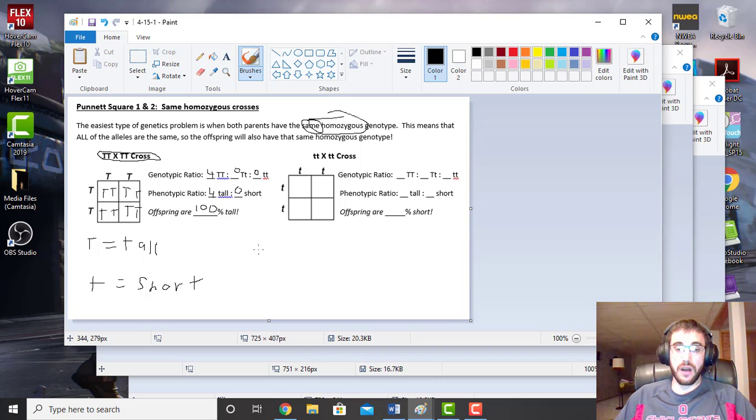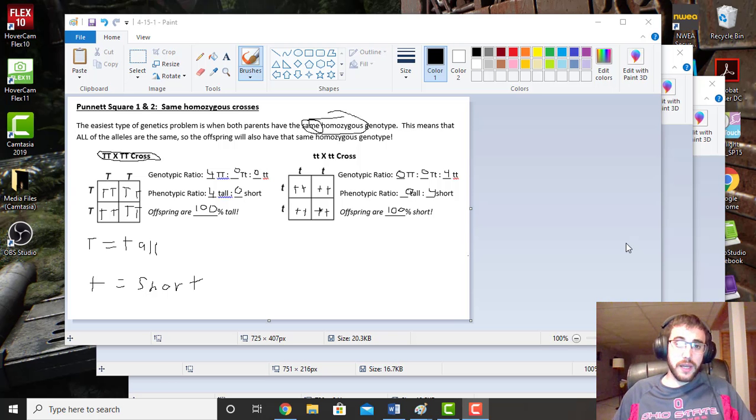Press pause here. I want you guys to try the little t cross. See if you can figure it out. So for those of you that tried it, here's the answer I got. We bring down little t's to each one, because this is homozygous for the short gene. Every little t is the same.